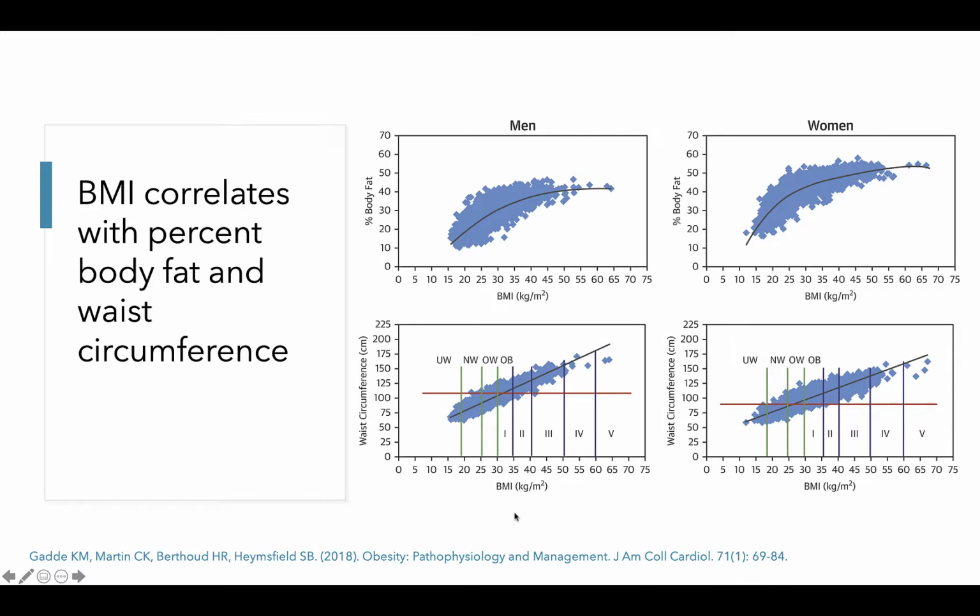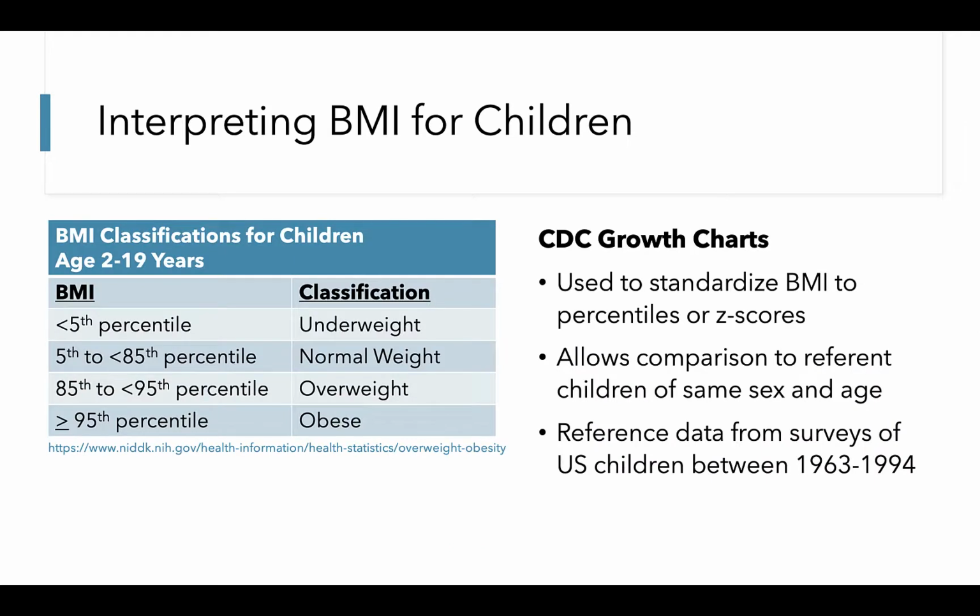The association between BMI and waist circumference is similar in men and in women. Taken together, these data provide evidence that BMI is a useful proxy for body composition and can be used as an initial screening tool to determine individuals who are in need of further and more rigorous body composition assessment. Okay, so let's now discuss how we interpret BMI for children.